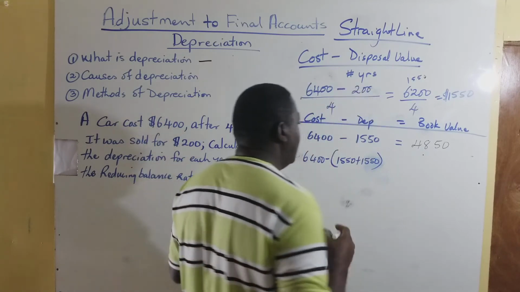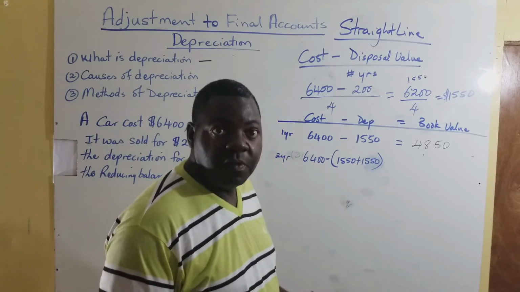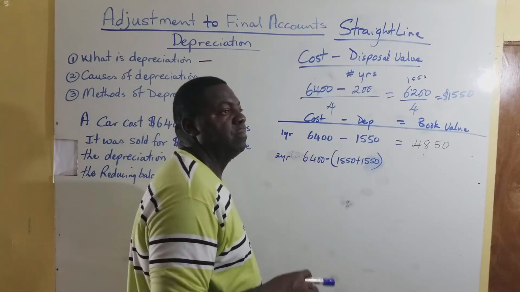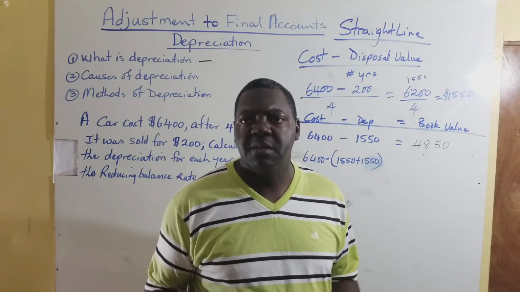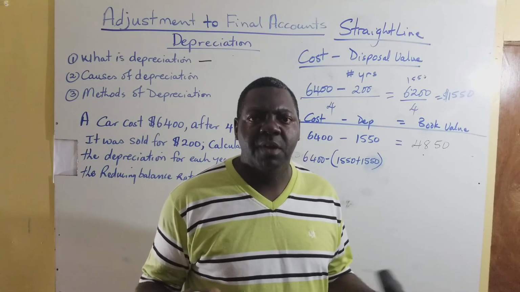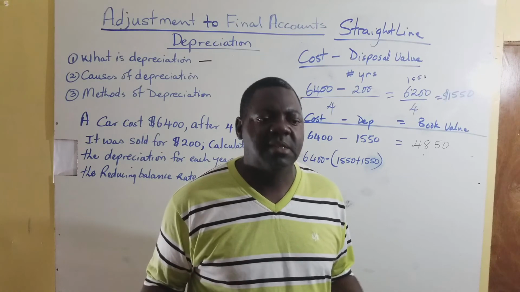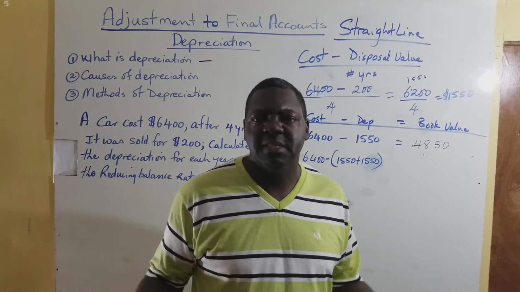And the question is, why am I doing it this way? Well, first of all, the cost of the asset does not change. According to the accounting concepts and convention, assets are normally recorded at cost. So once you purchase the asset for a certain figure, that is what it's going to cost for the rest of its existence.